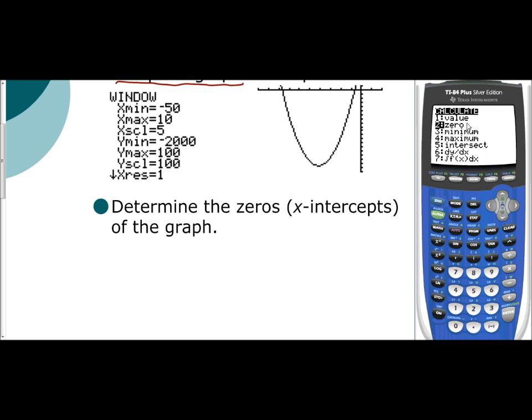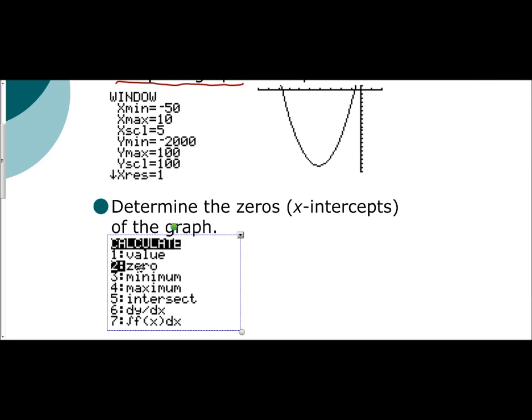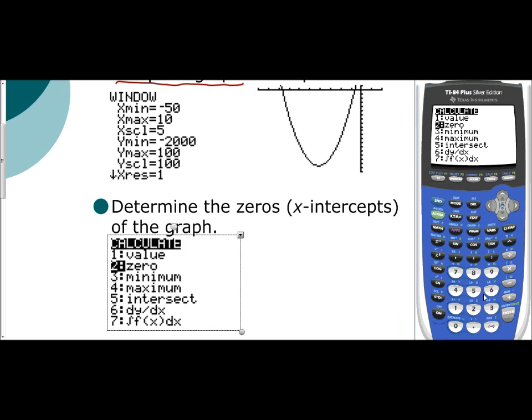You look at option 2, it says zero. So I'm going to hit enter. Left bound and right bound. Left bound means you want to mark a point to the left of my x-intercept. Now this y1 is in the way, but I know that I am actually going to have an x-intercept when this y value goes from a negative below the x-axis to a positive.